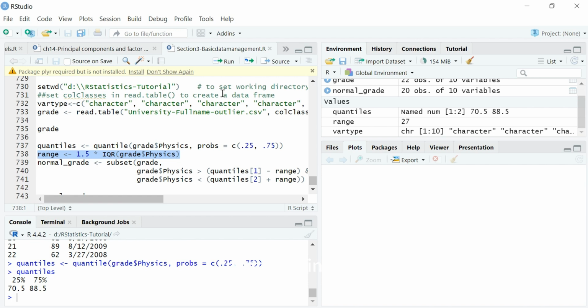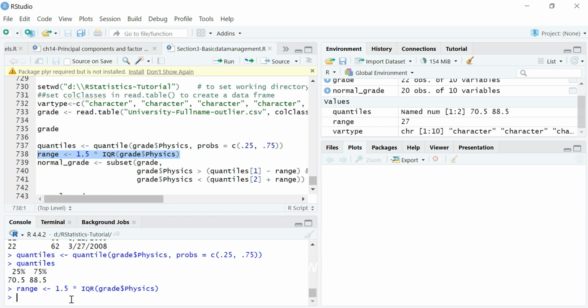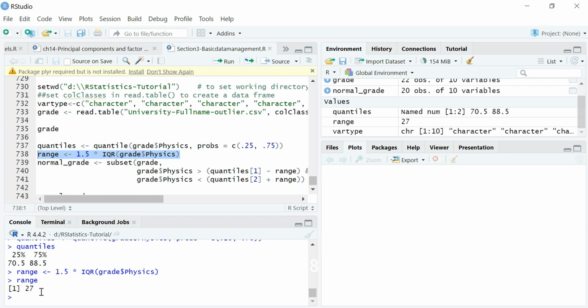So the interquantile range actually is this one minus this one. So about 18, right? So 18 times 1.5, we will see how it's going. So 27, right? So 18 times 1.5 is 27.